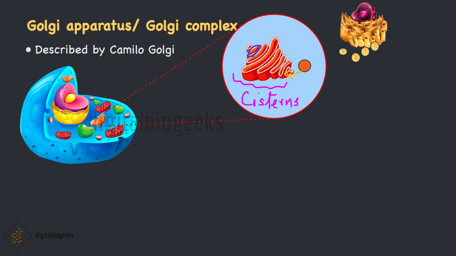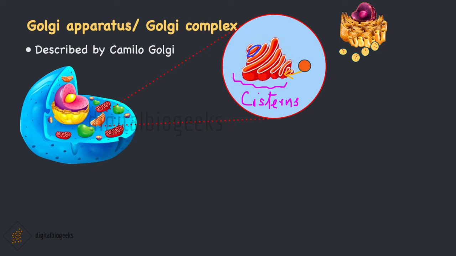These proteins pass through the Golgi body and get modified. Now the Golgi complex transports these proteins to different parts of the cell. The Golgi apparatus thus packages these proteins from the endoplasmic reticulum into membrane-bound vesicles, and transports them to different parts inside and outside the cell.